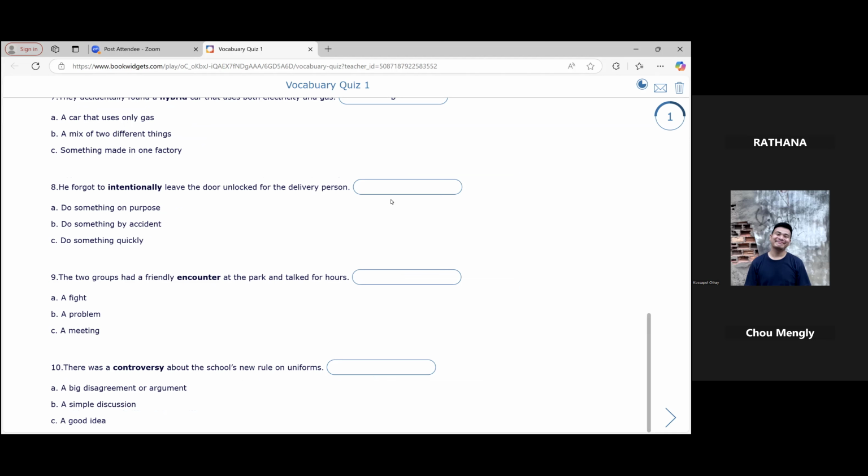I think it's do something on purpose. Okay. The two groups had a friendly encounter. Meet with. Encounter, meeting. Yeah, meeting.